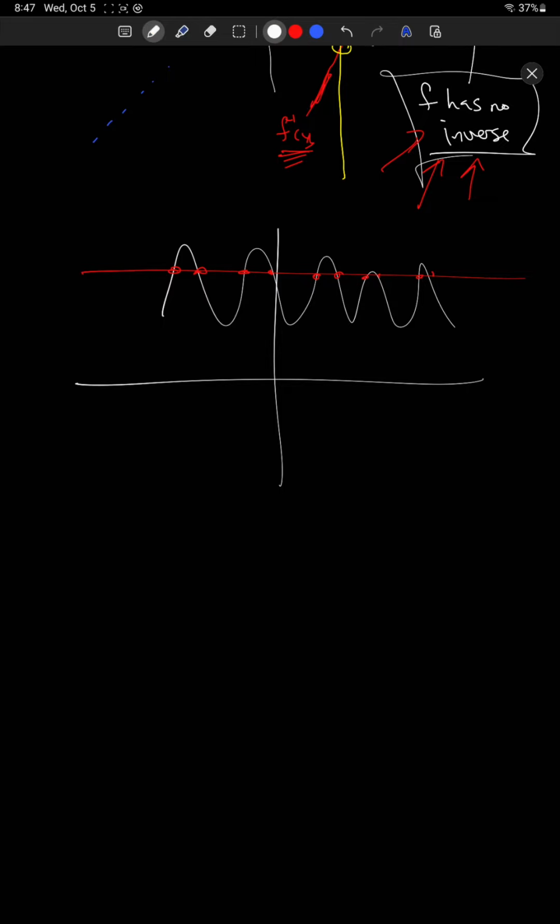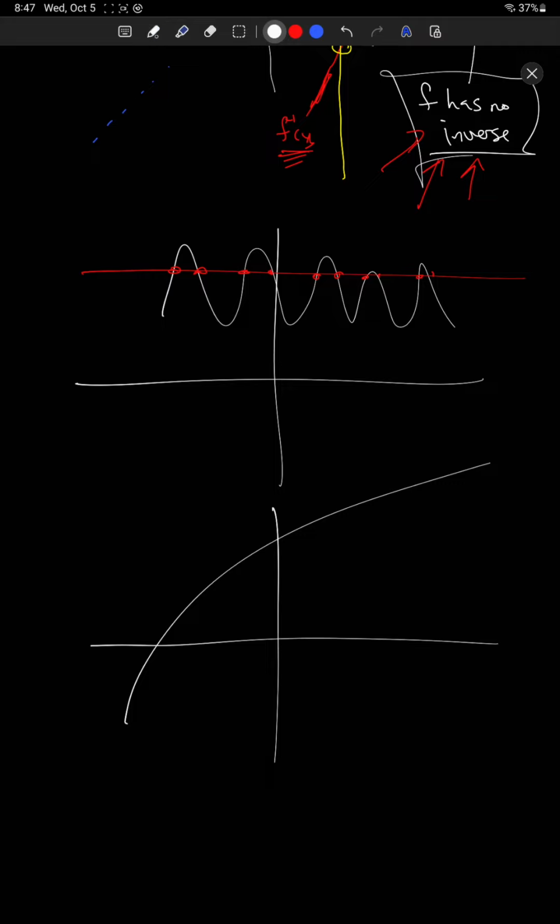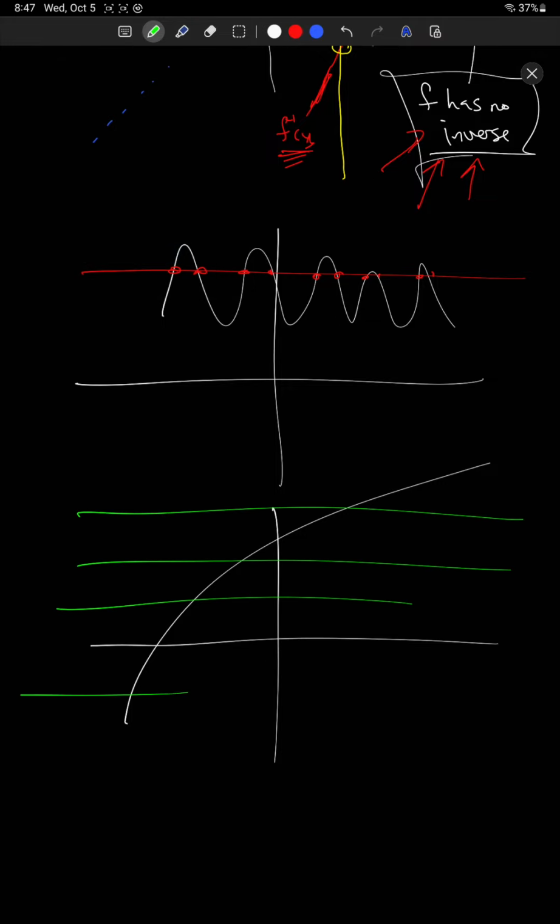On the other hand, of course, if your original function looks like that, where every single horizontal line touches just once, touches once, touches once, or 0 times. It's certainly allowed to touch 0 times. So maybe down here it touches 0 times.